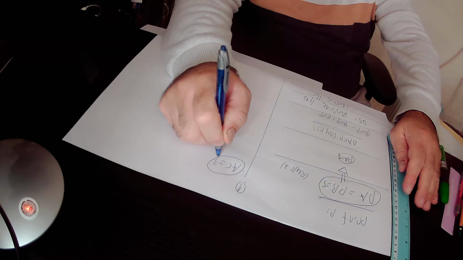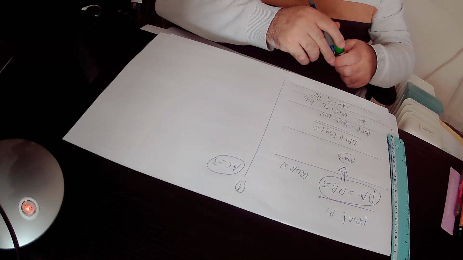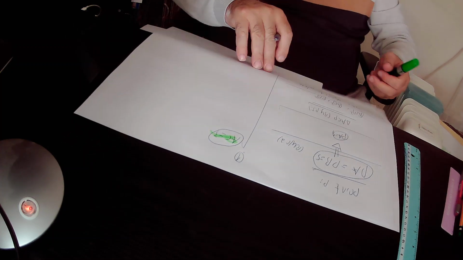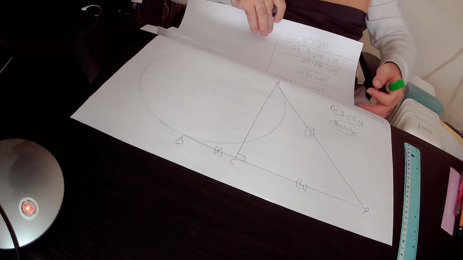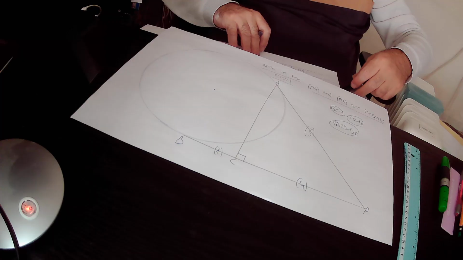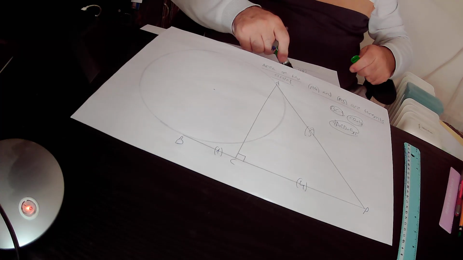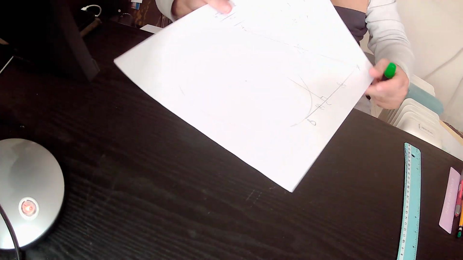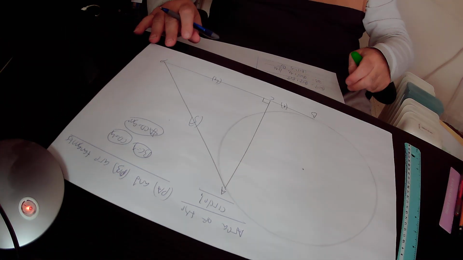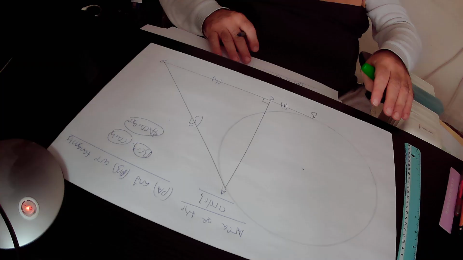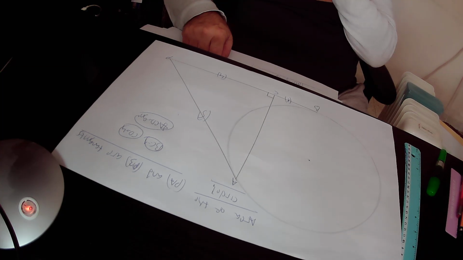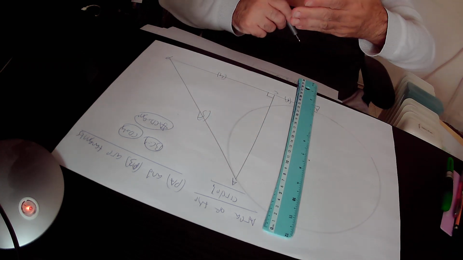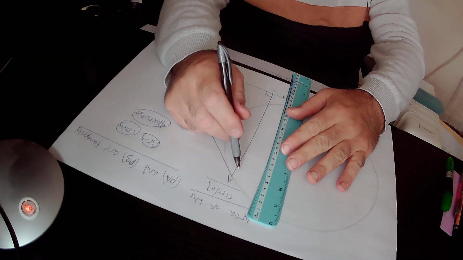So AC equals 3 units in its length. This is side AC, in this triangle ACP, and it equals 3 units in its length.